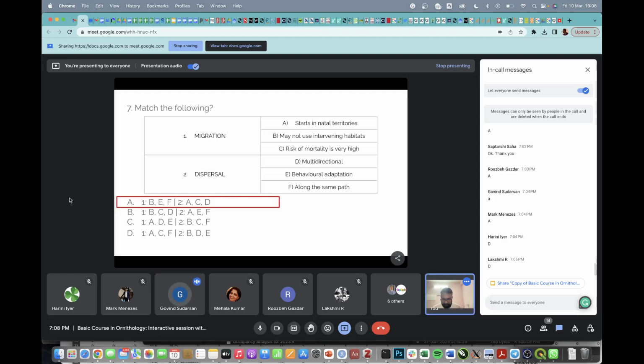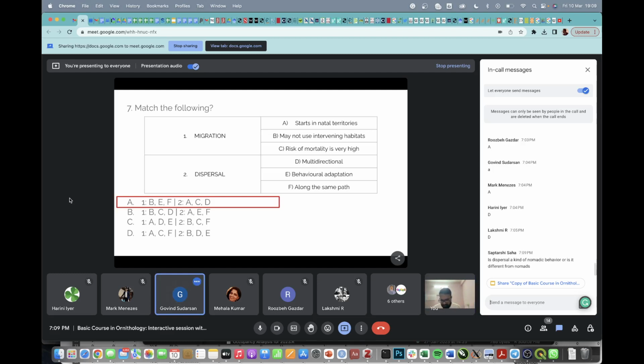Yes, sir. But are there any examples of that happening in birds? Are there any predators that actively follow or wait for migration of birds? Could you give any examples? I am not sure. I haven't heard anything of that sort.